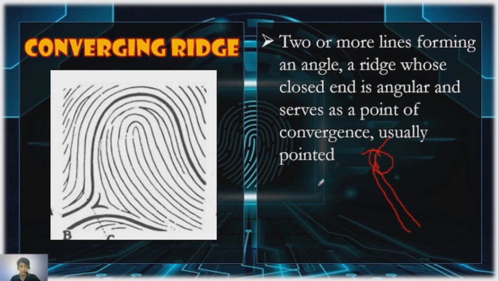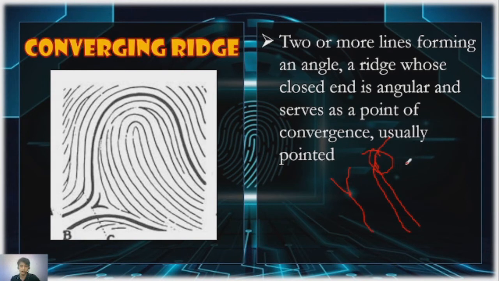Take note that it should not be the other way around, because when we say that it is a single ridge and then it separates, that's the time we are going to have the so-called bifurcating ridge.